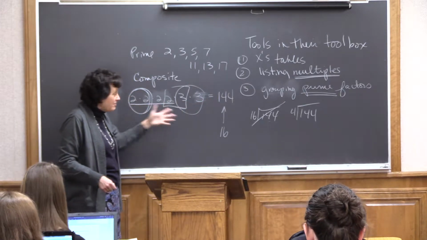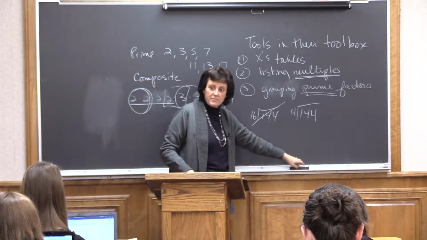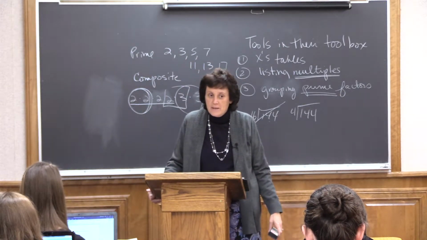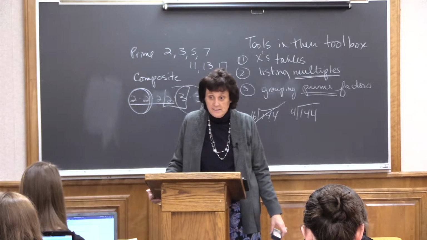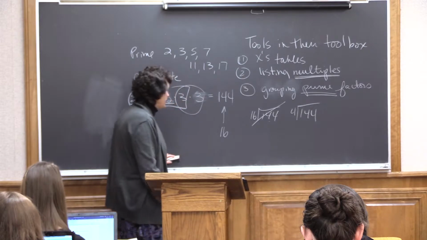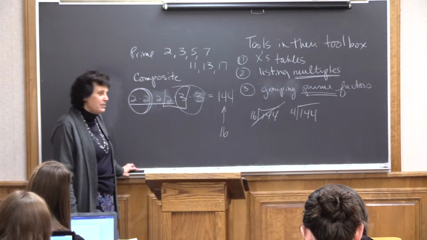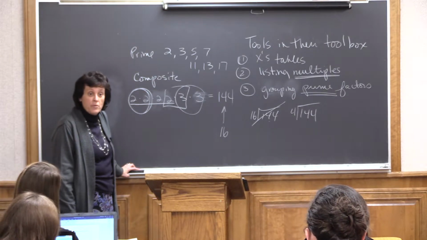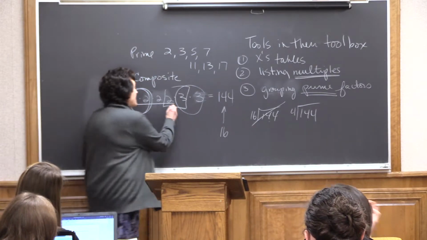So 144 is a multiple of all these prime factors. And then we do not have to do all this randomness. We don't have to sit and skip number 4 because the denominators are 16 and 18. We can easily figure out the least common denominator. Oh, does 18 go into 144? Is 18 a factor of 144? I see 18.